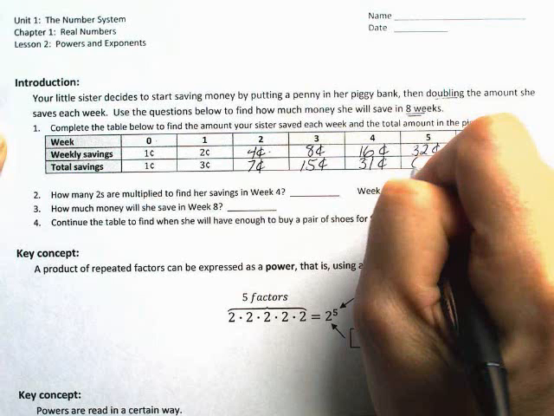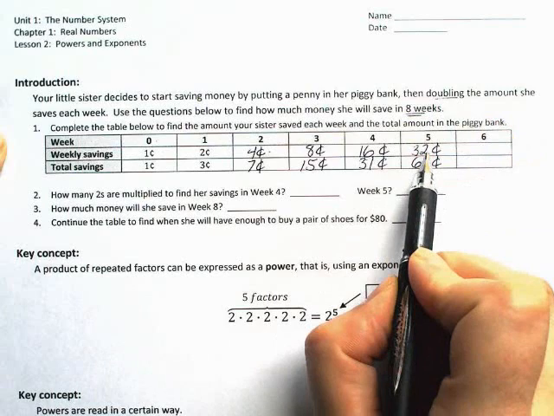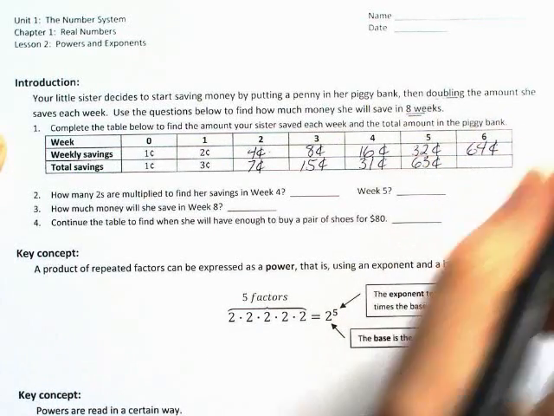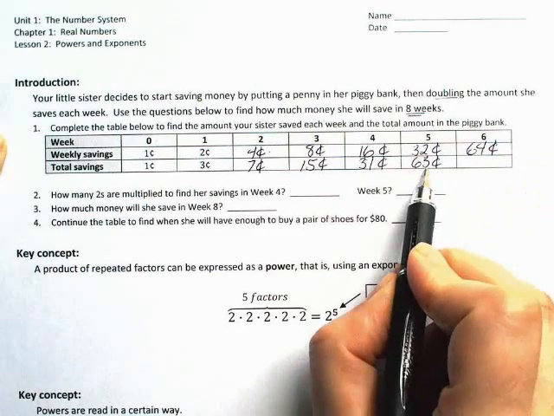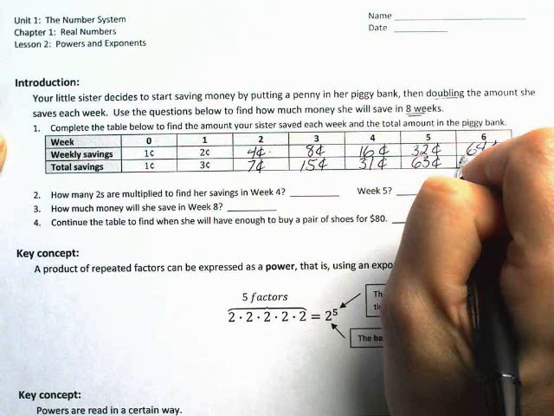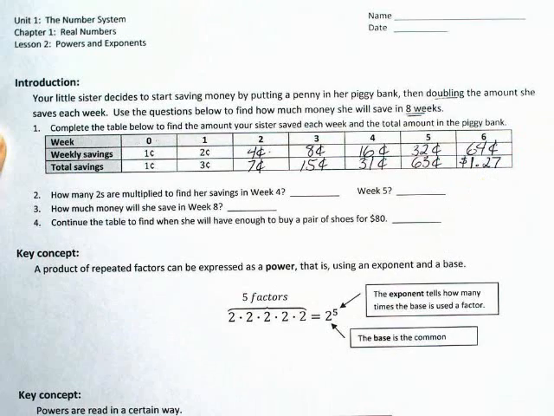And then one more week in the table. Doubling 32 is 64 cents. And adding 64 to the 63 that was already in there will be $1.27 total in the piggy bank.